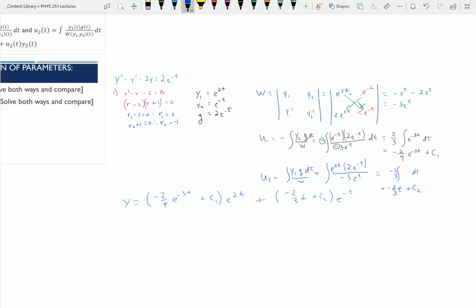Now that's my answer, but of course I'm going to simplify it. So how do I simplify this? Well, let's multiply the e's through. There's one more thing I should do here.